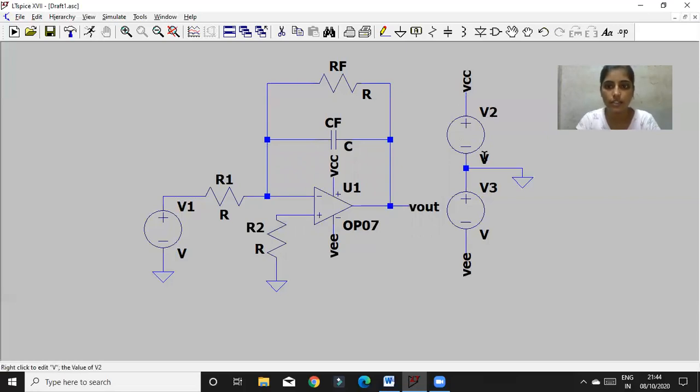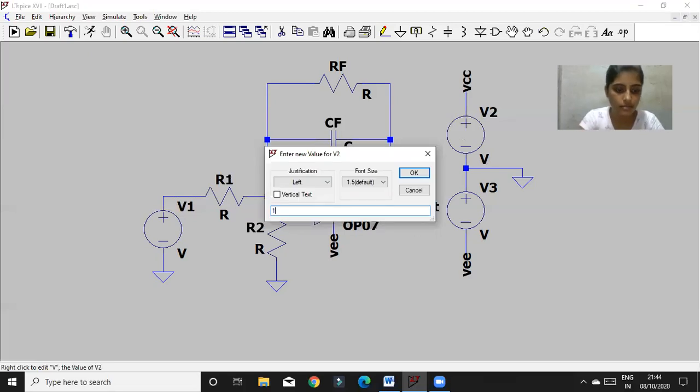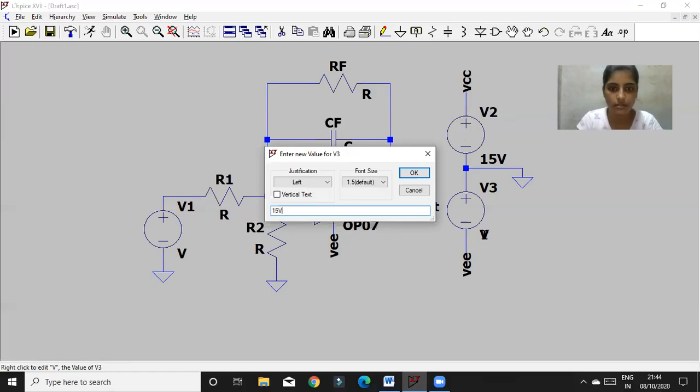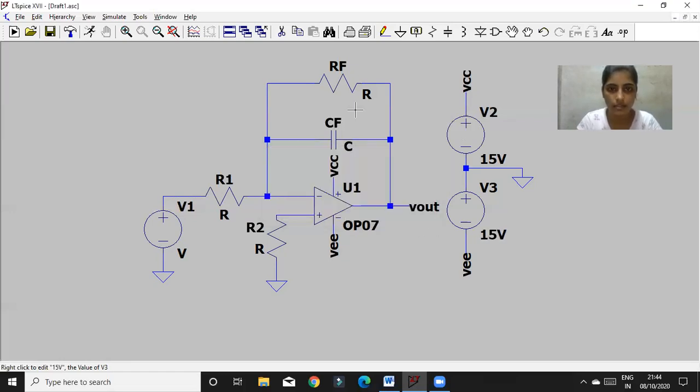Now I'm going to assign values to all of these. First of all, I give the supply as plus and minus 15 volts. My Rf is 16K.